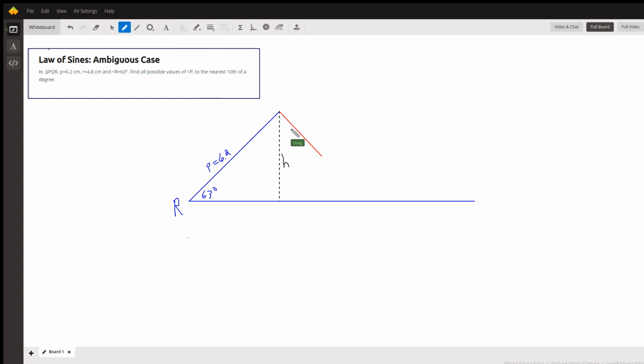And if this red segment, R, equals 4.8, is not longer than H, then the red side, or R, cannot reach the opposite side, and we don't have a triangle. So how can we find the length of H? Well, if you look at this right triangle, the sine of 63 equals H over 6.2.